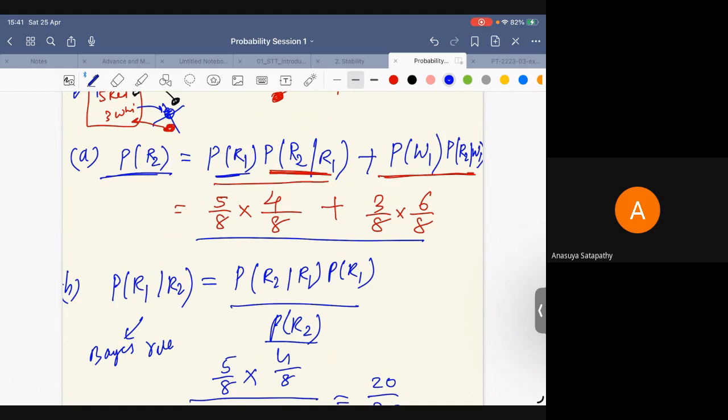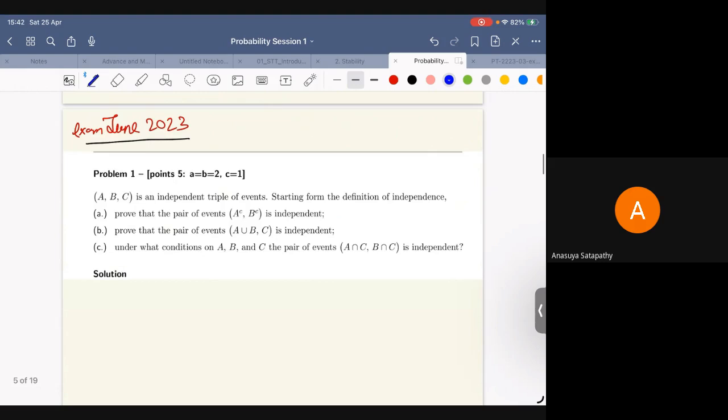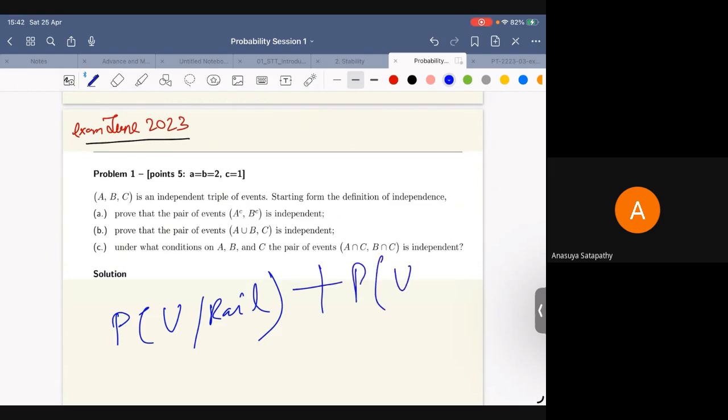So both conditions you have to write, like probability of going to university and it will rain, plus probability of going to university and it does not rain. So it can happen. Yes or no?